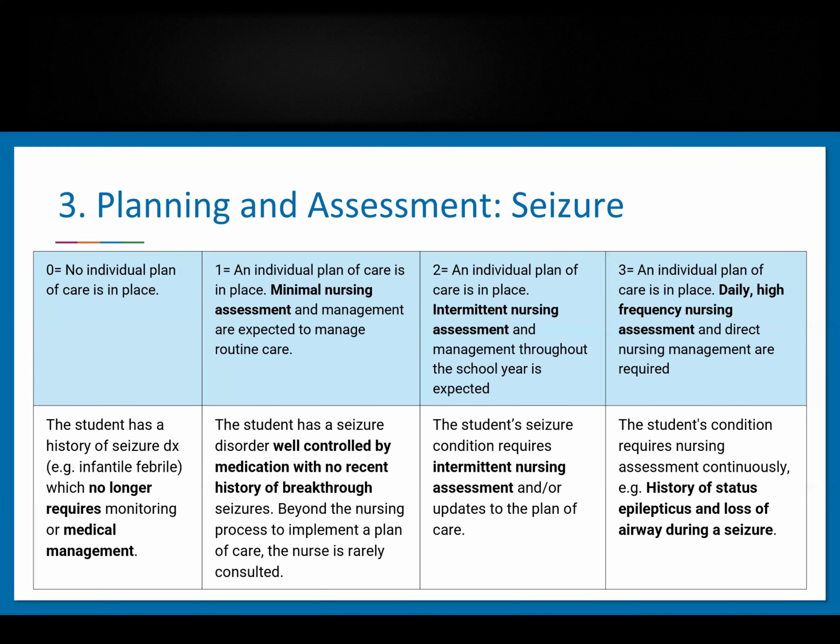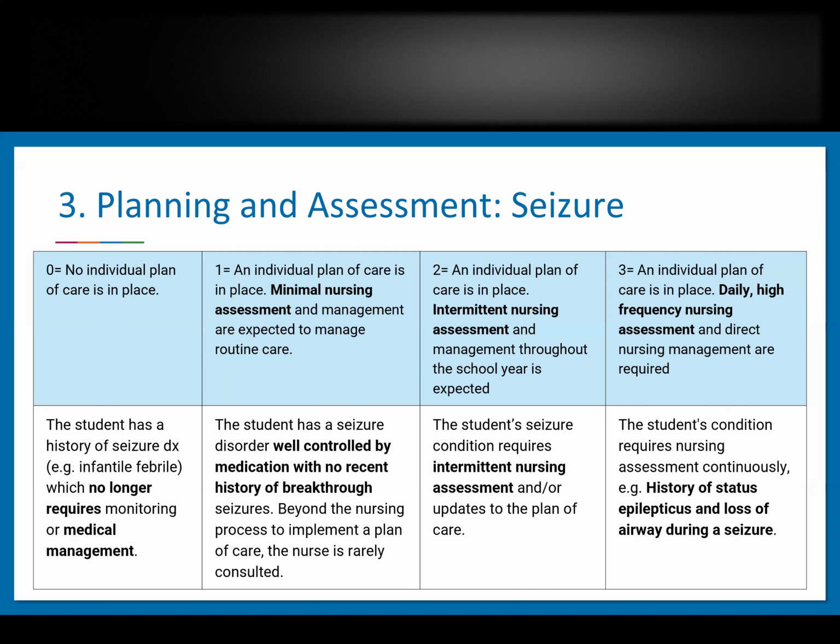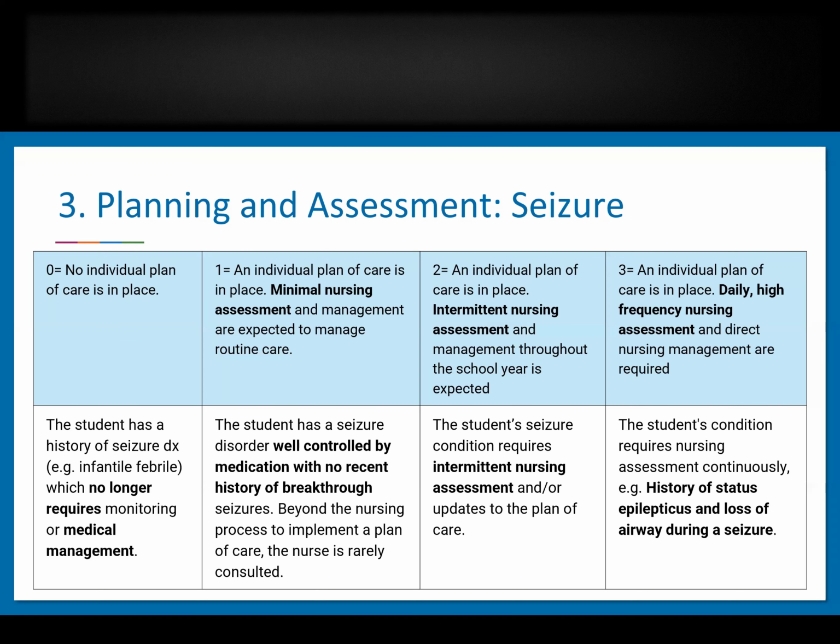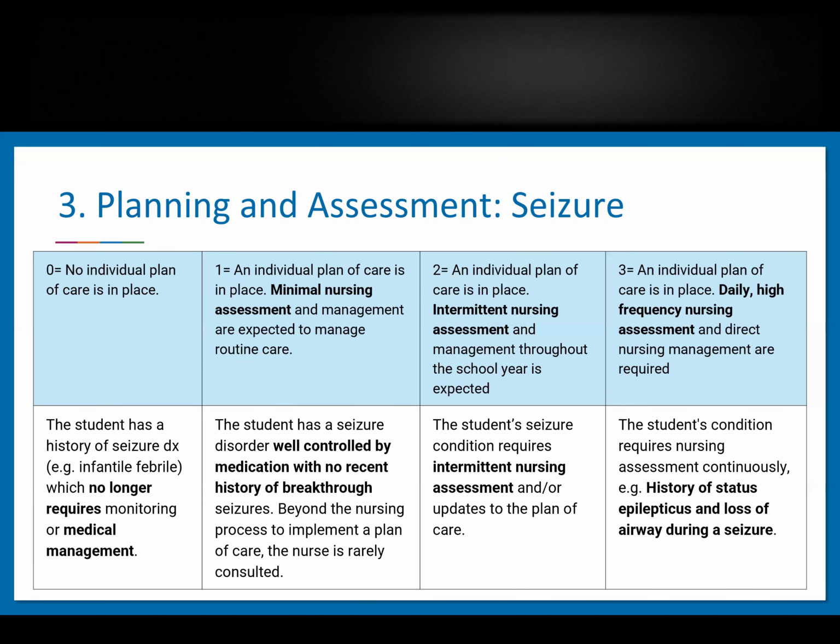If the student's seizure condition requires intermittent nursing assessment and/or updates to the plan of care, the score would be a 2. If the student's condition requires nursing assessment continuously, for example, because the student has a history of status epilepticus or loss of an airway during a seizure, then the score would be a 3.